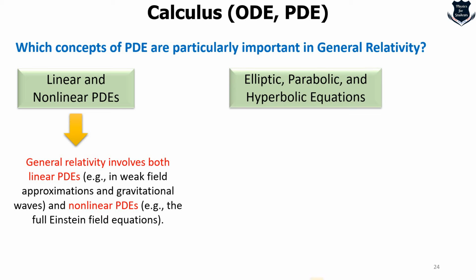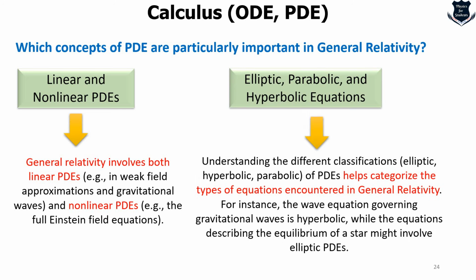Now this is pretty important: elliptic, parabolic and hyperbolic equations. Why is it important? Because PDEs help categorize the types of equations encountered in general relativity. In general relativity, the wave equation, which describes gravitational waves, is hyperbolic, while the equation describing the equilibrium of a star might involve elliptic PDEs.